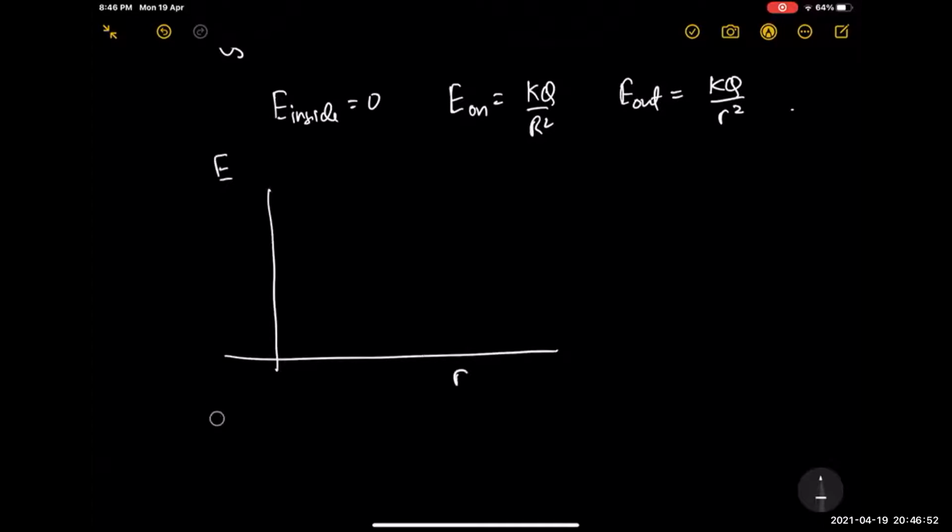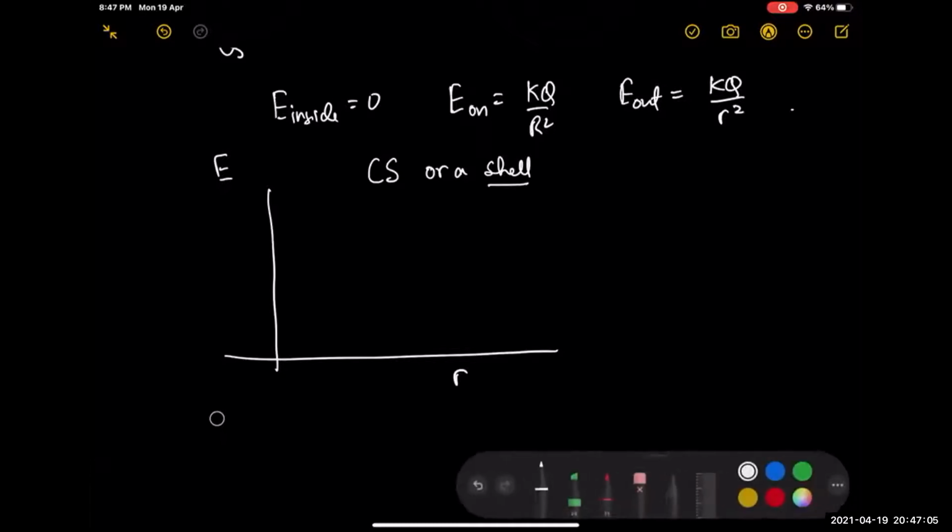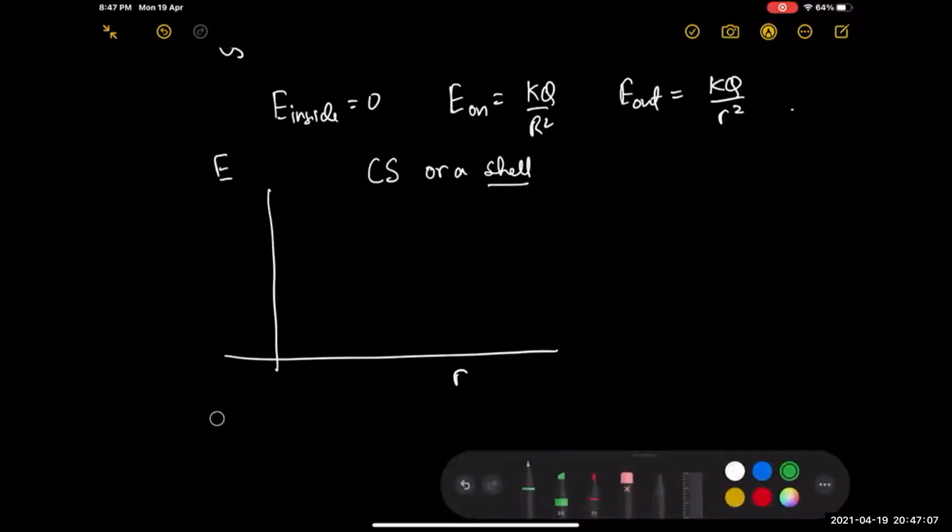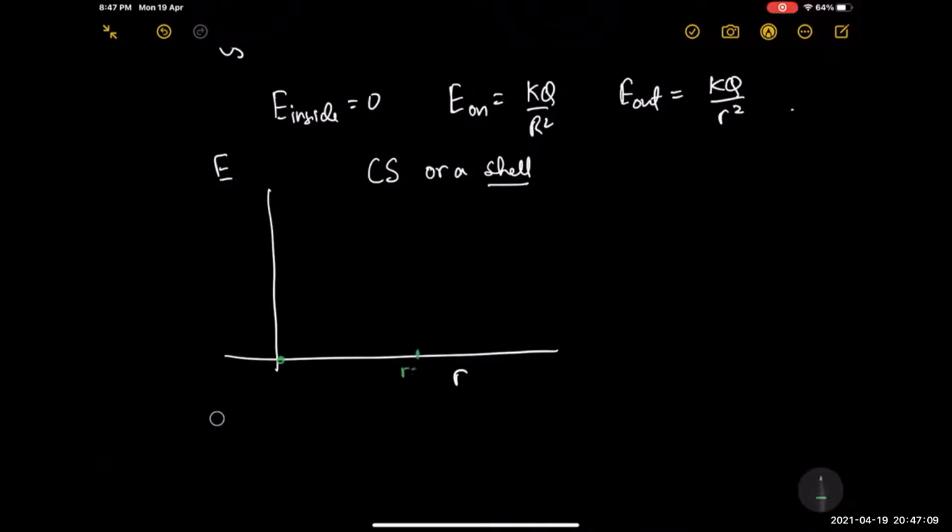So E versus R for a conducting sphere or a shell. It doesn't matter whether the shell is conducting or non-conducting. It's same. For a conducting sphere or a shell, the electric field versus R looks like this. From R equal to 0 till R is equal to capital R, it is 0.